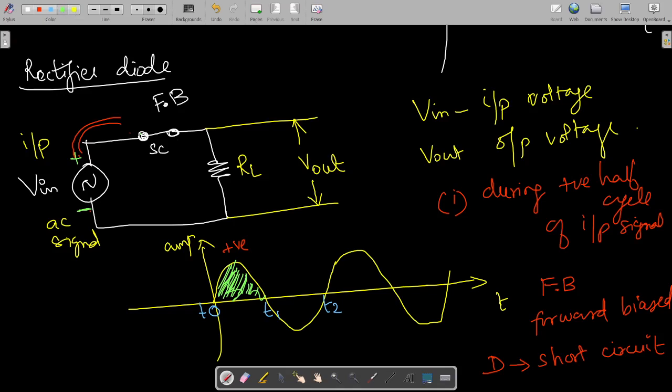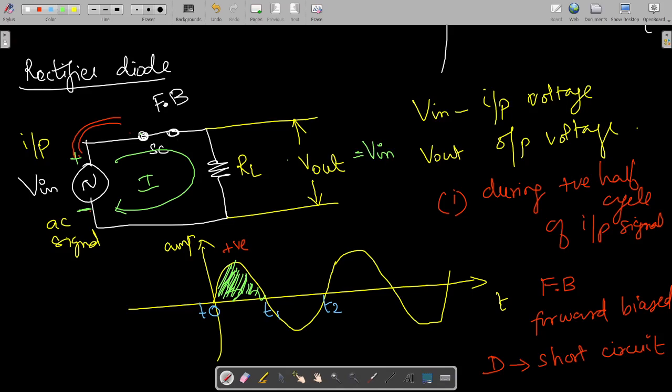The current I starts flowing in this direction. Because of this current, all the input voltage will be appearing at the output side, that is, across the load resistance RL. Because of this current flow, the output voltage will be available and it will be equal to V input.